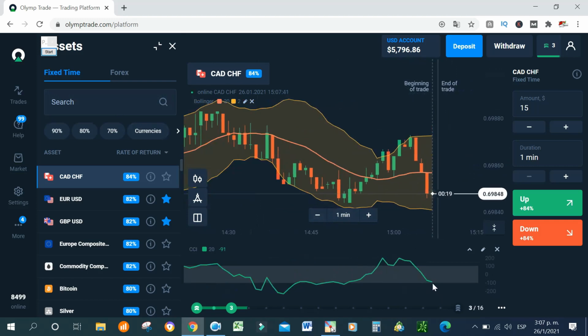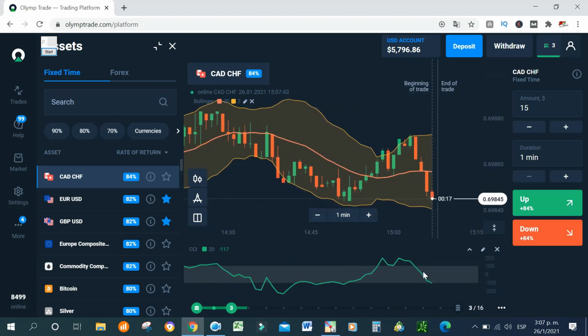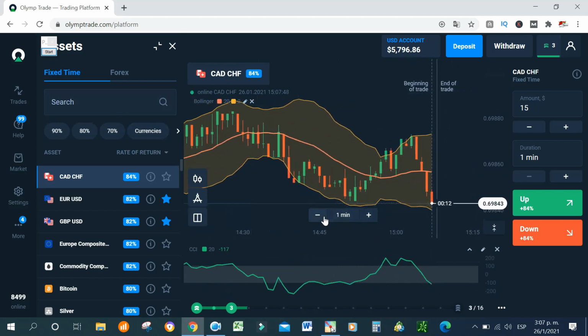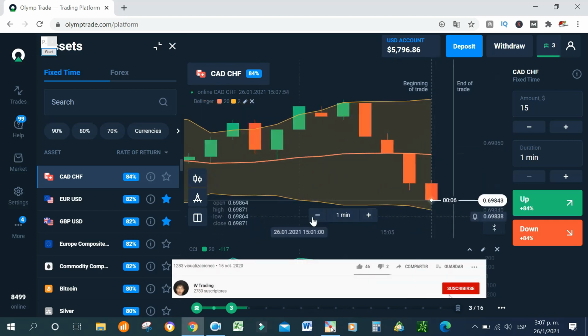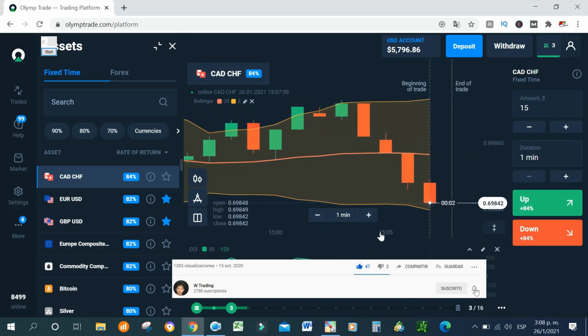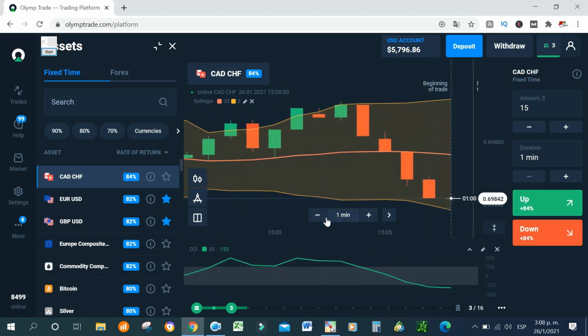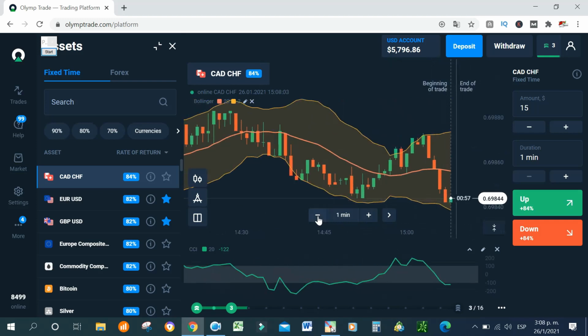We have the CCI reaching the oversold zone. The price is reaching that support level here. So I think it could be a great opportunity to go up. Let's wait a little bit more.